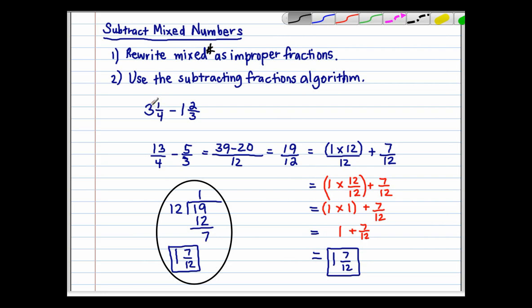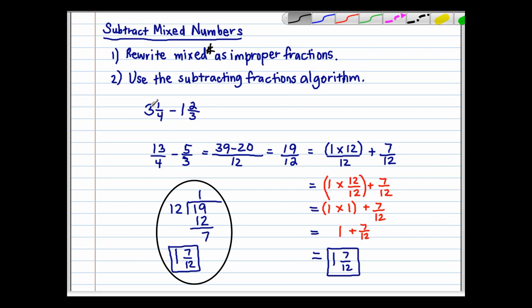So that's the algorithm for changing a mixed number to an improper fraction. Multiply the denominator and the whole number, and then add that product to the numerator, and the answer you get becomes your new numerator all over the sequence of fourths, your denominator. Whatever your denominator is, that will always stay the same.